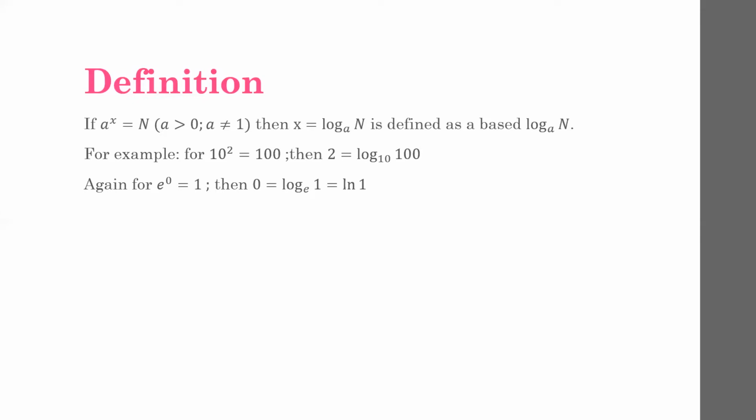This was our definition. Like the previous chapter, we need to know some laws of logarithm. They are kind of the same. First is the zero log law. If a is greater than 0 and a is not equal to 1, then log a based 1 equals 0. We know that something to the power 0 equals 1, so from there comes log a based 1 equals 0.